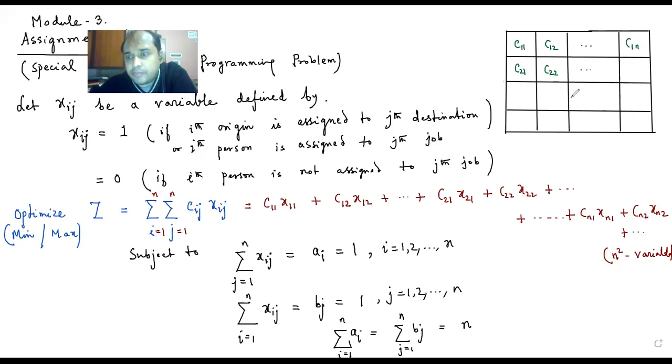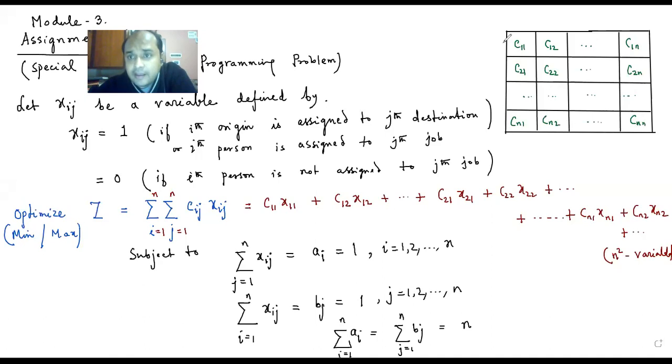These are represented by C: C11, C12, dot, C1n. Then we have C21, C22, dot, C2n, and lastly we have Cn1, Cn2, Cnn.